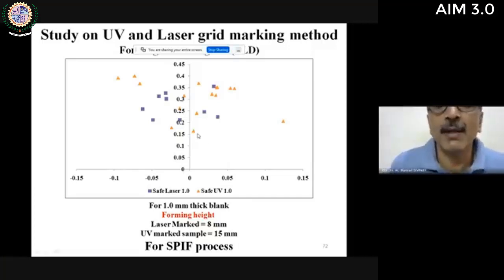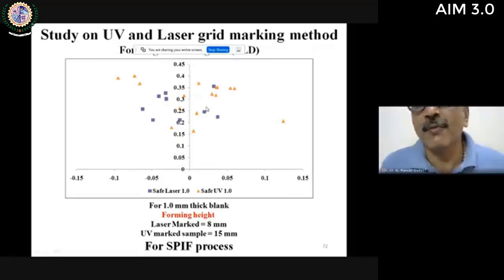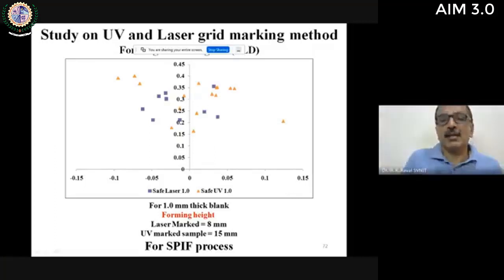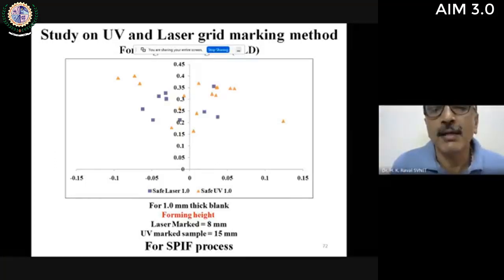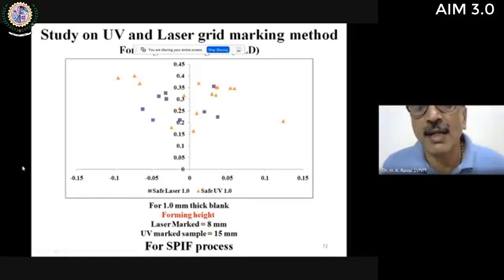If you compare the strain values, this is a major strain, on this axis is a minor strain. Those who are familiar with FLD will appreciate this particular curve, and you will find that the strain of the UV mark sample is always less compared to the strain of the laser mark sample. Higher the strain, higher will be stress. Higher stress means chance of failure is high.